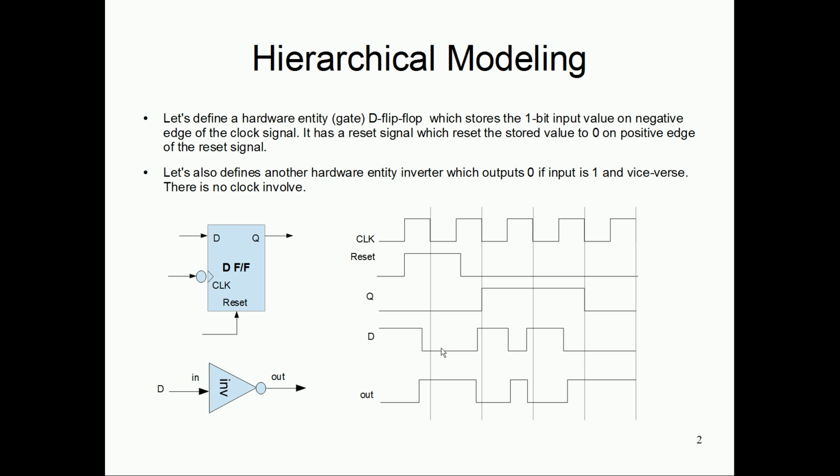Now let's see what the relation is between clock, reset, D, and Q. If you notice, Q remains low as long as the reset signal is high, until the immediate transition edge, the falling edge for this specific flop.